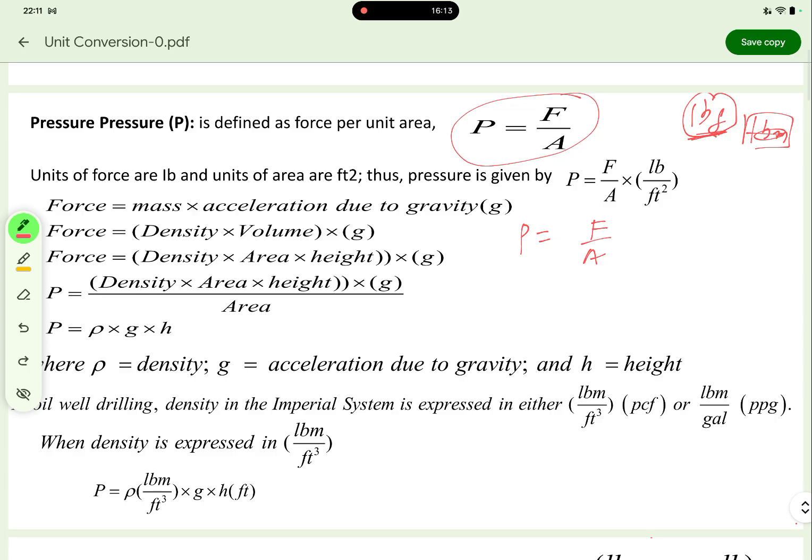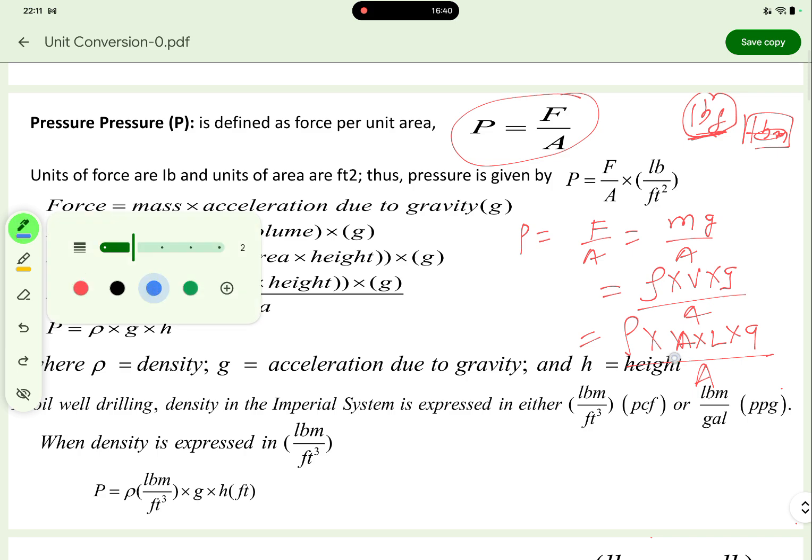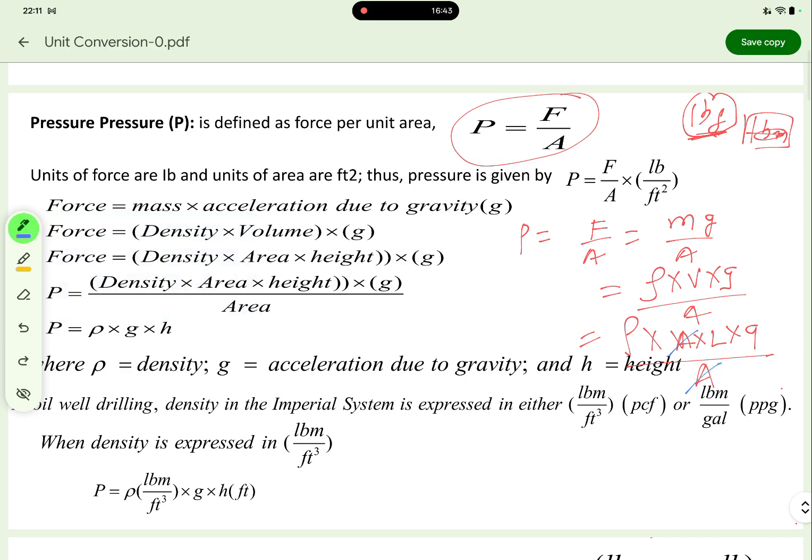And we also know that force can be written as mg, and mass can be further written in terms of density into volume into z, divided by A. And this volume can be further written as A into L into Z. Then what will happen? The A and A will be cancelled out. You will be left with rho Z, and this will be the final formula, right?